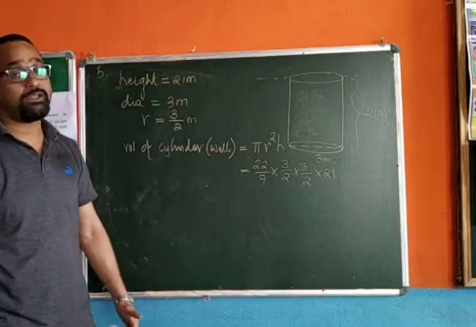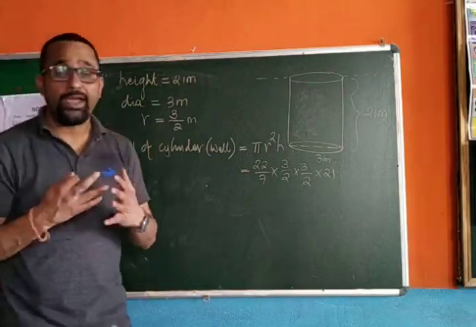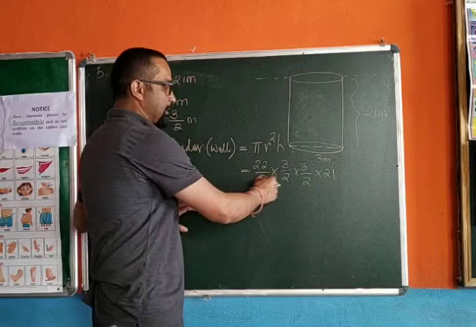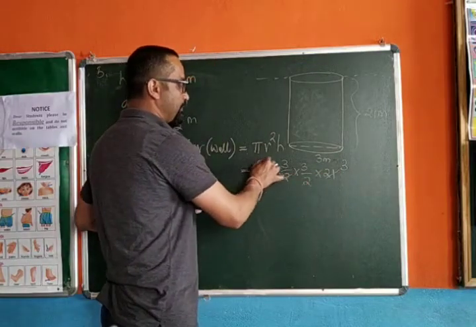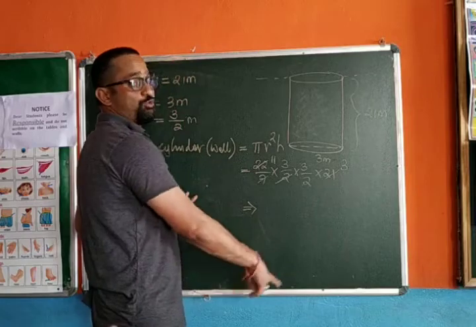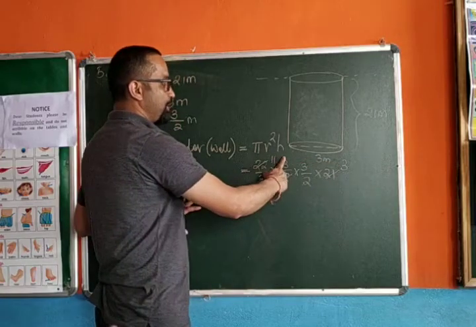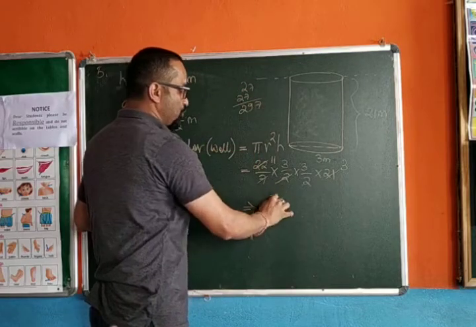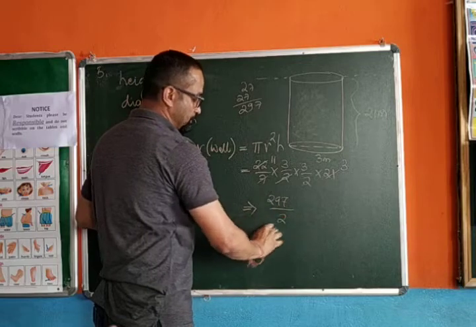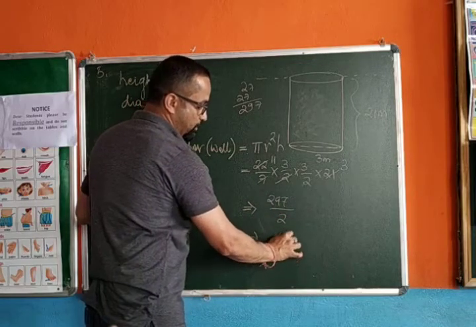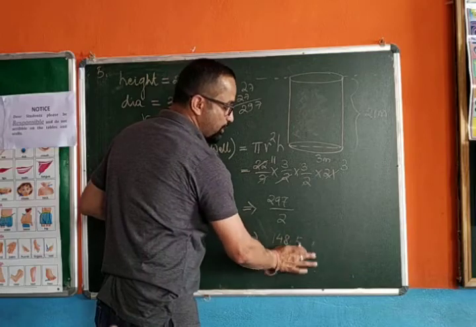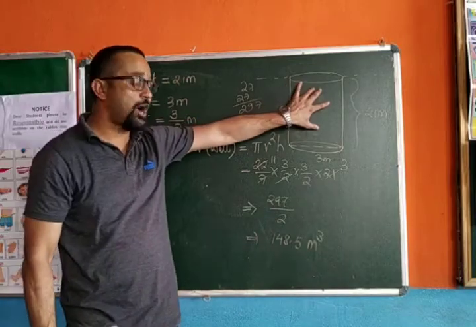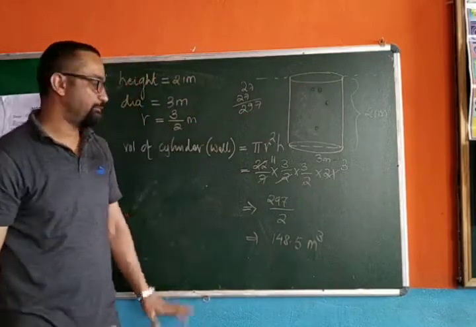Now simplify this to get the volume of the well. 7 3 times 21, 2 11 times, multiply the values. 9 into 3 is 27, 27 into 11 is 297 divided by 2, that is 148.5 meter cube. This is the amount of soil which has been taken out to make the well.